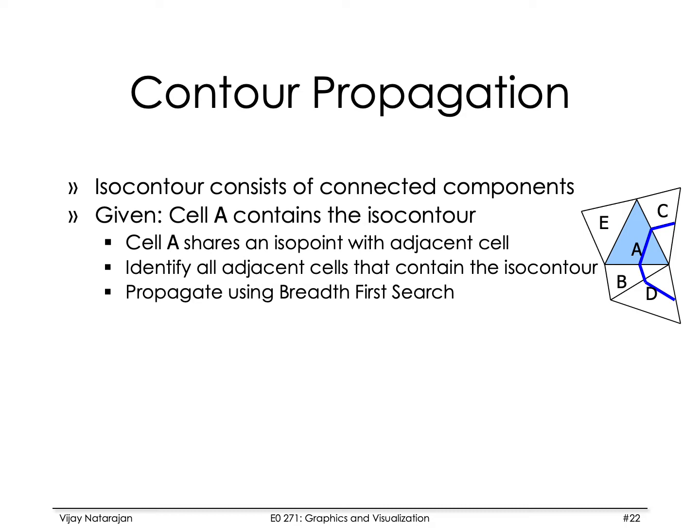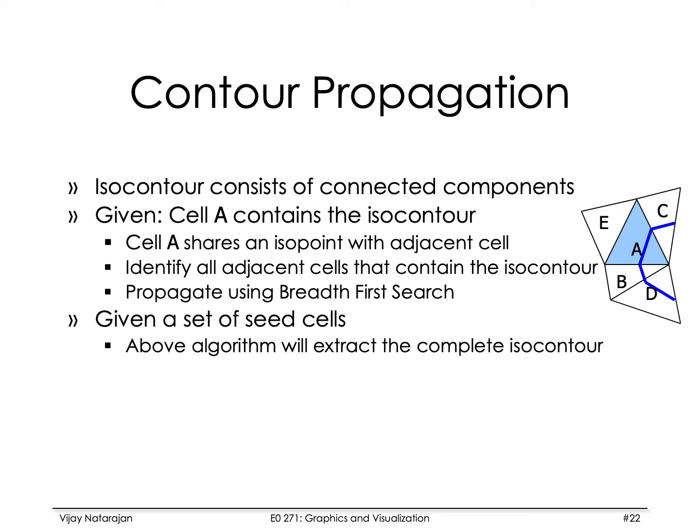In the case of 3D scalar functions, where we have an isosurface, we would necessarily have to use the general breadth first search traversal. So if an oracle gave me the set of all seed cells such as A for each component, then I can apply the above algorithm to extract the complete isocontour. Essentially we would need the seed cells corresponding to each isocontour component.